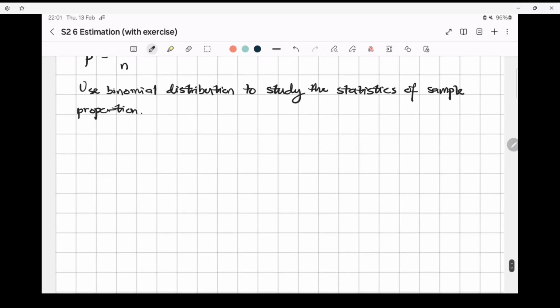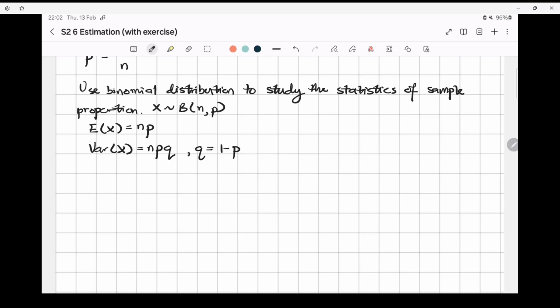This means that we are using n and p, these two parameters. From the binomial distribution, we know that the expected value would be n multiplied by p. The variance of x would be n multiplied by p and then multiplied by q, where q is your failure rate, which is written as 1 minus p.